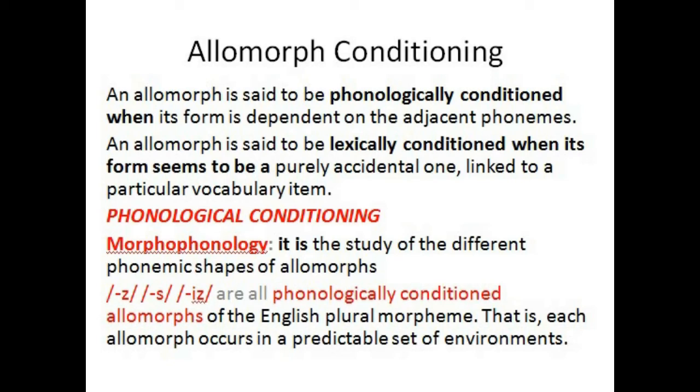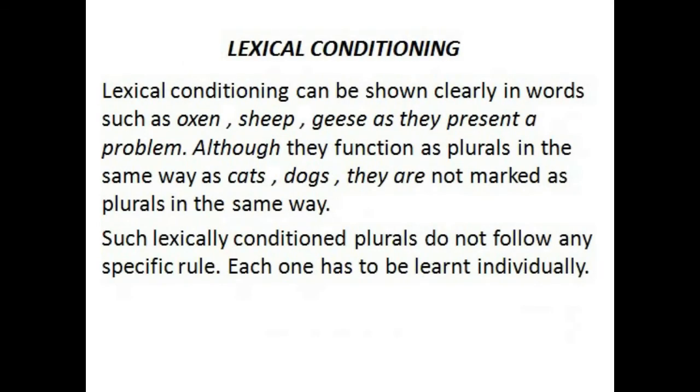A voiceless phoneme is one in which the vocal cords do not vibrate. And then we have iz, which occurs after sibilants, hissing and hushing sounds, as in horses, cheeses, dishes. So here are some examples for phonological conditioning.